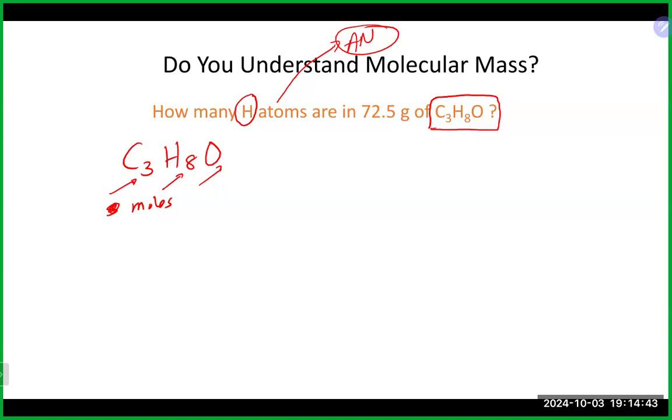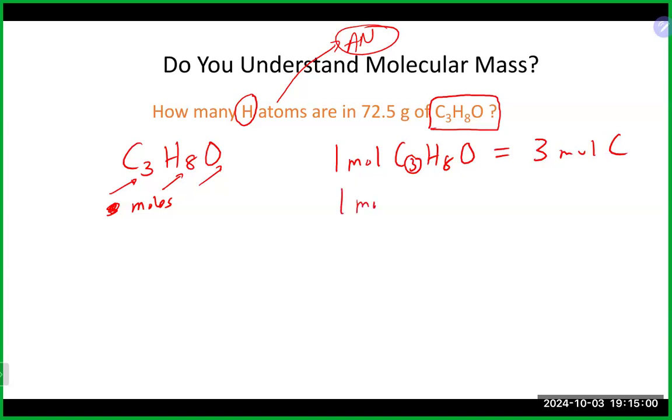So we could actually use that to our advantage here, and we could say that in 1 mole of C3H8O, there is 3 moles of just carbon. And again, that comes from our subscript that's on the bottom.